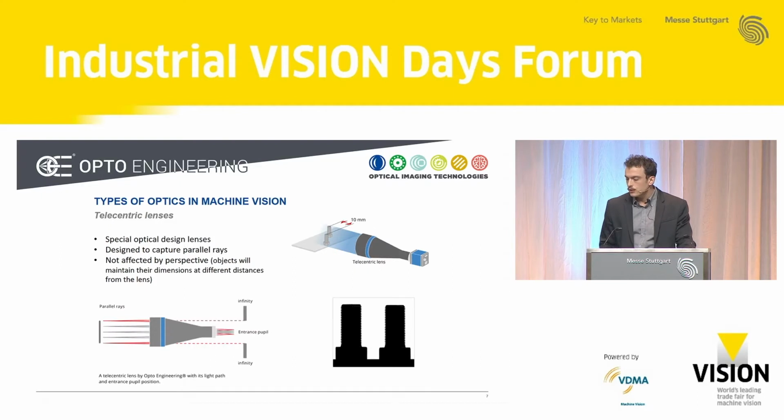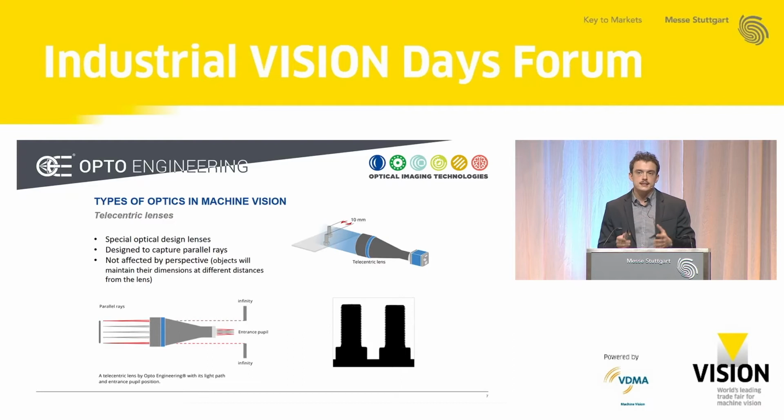In order to overcome this limitation, that can be a problem especially when you're dealing with measurements, there is another important type of optics that is commonly employed in machine vision, and they are telecentric lenses. This kind of lenses is designed to accept only rays that are parallel to the optical axis.